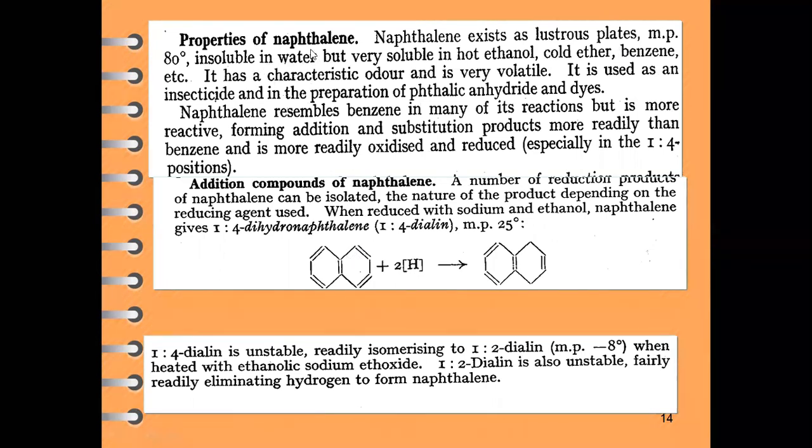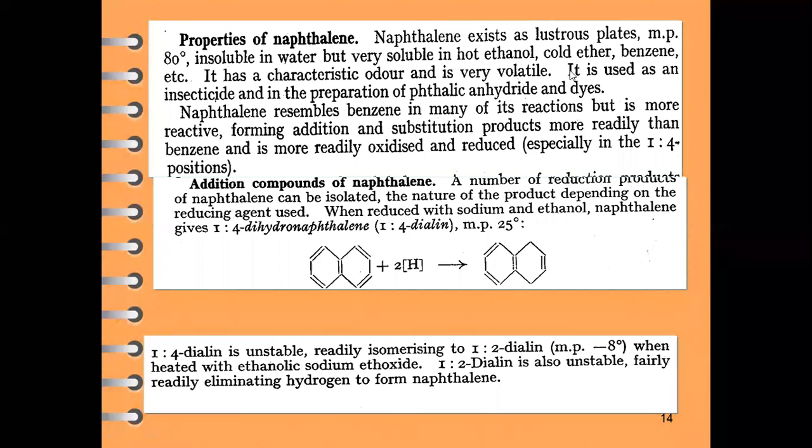It is insoluble in water but soluble in hot ethanol, cold ether, benzene, etc. As it is a hydrocarbon-containing compound, it is soluble in a number of organic solvents. It has a characteristic odor and is very volatile.